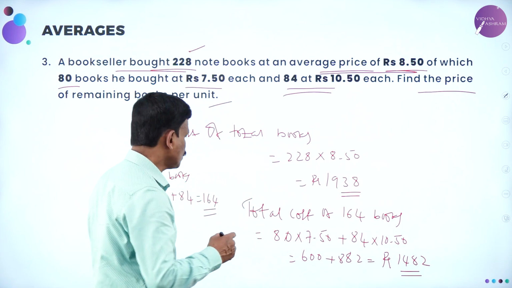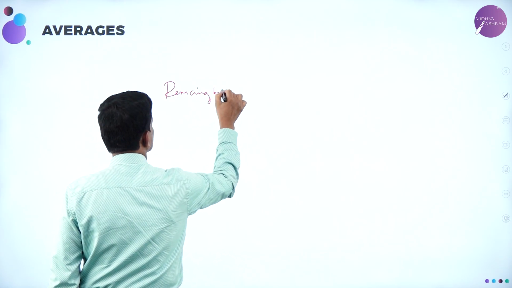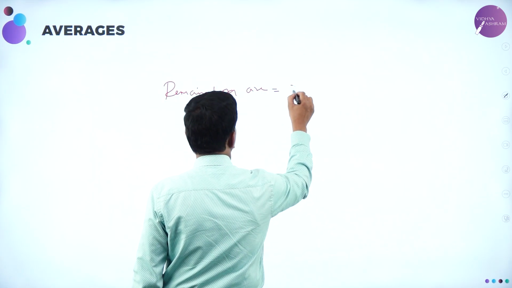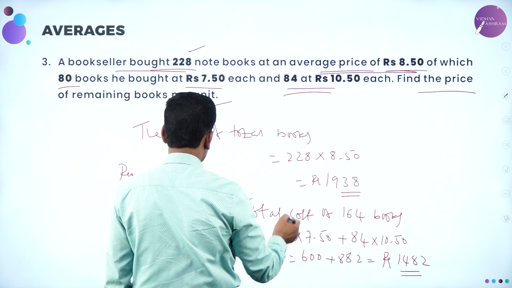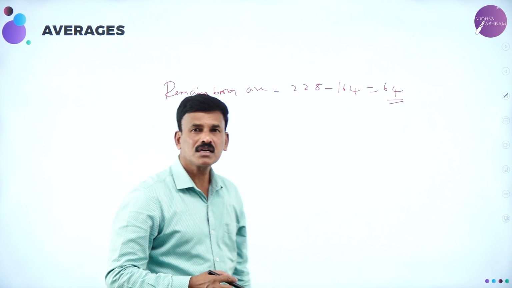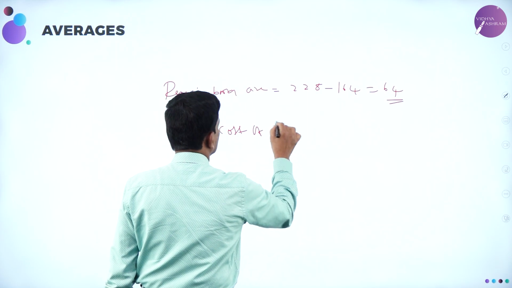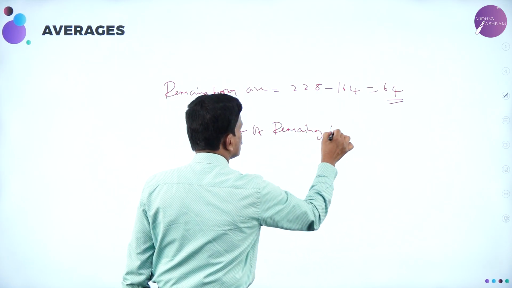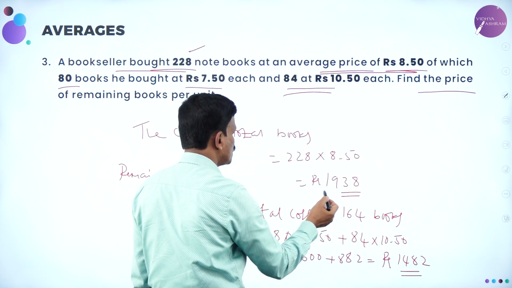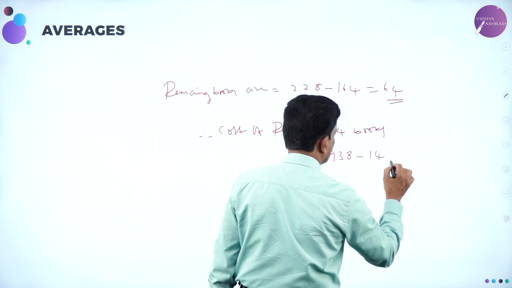Now, what are the remaining books? Total books is 228 minus 164, that's equal to 64. Now, what is the cost of the remaining 64 books? So, the cost of the remaining 64 books is equal to, just subtract this, that's all. So, that is 1938 minus 1482.